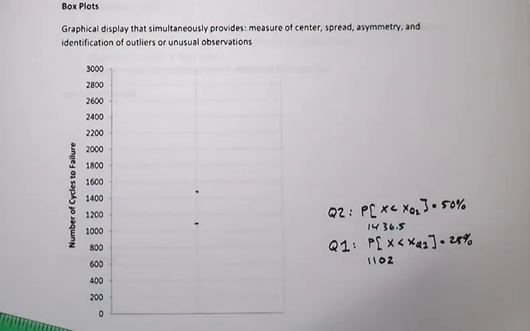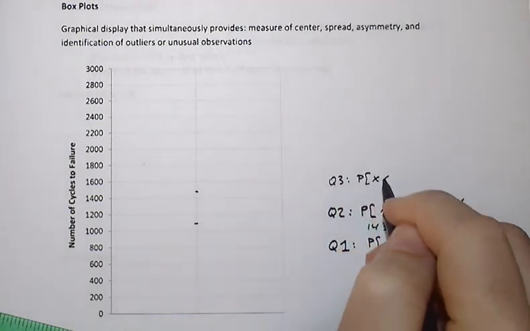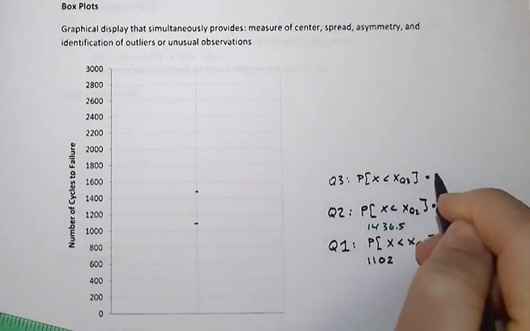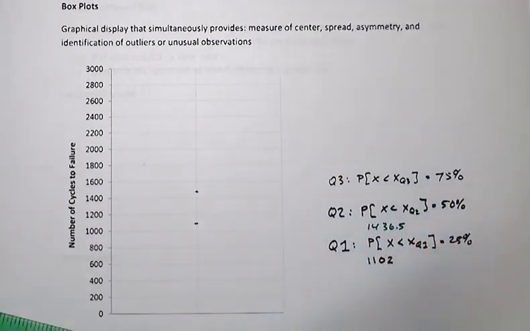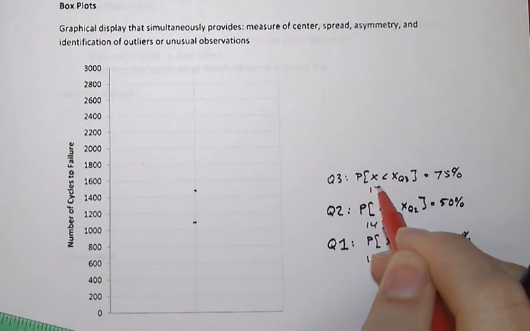And then our third quartile, you may have guessed, is going to be associated with that 75th percentile, and in this particular case that will be 1716.